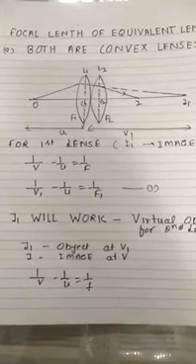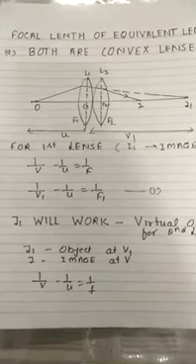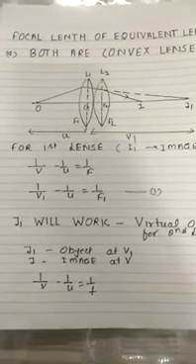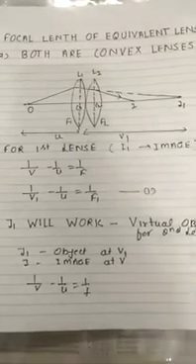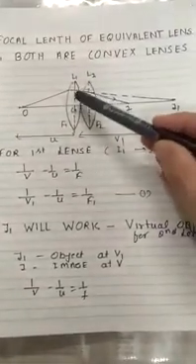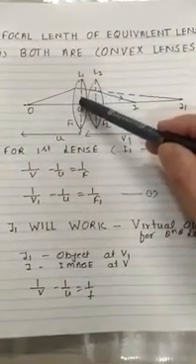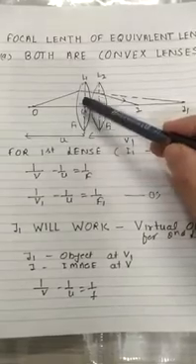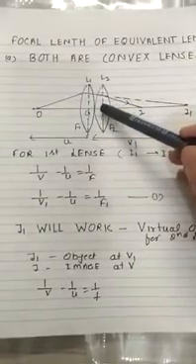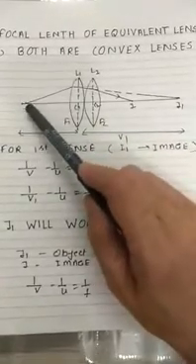Let us suppose we are taking two convex lenses, L1 and L2. Lens L1 has focal length f1 and L2 has focal length f2, and this O is the object.